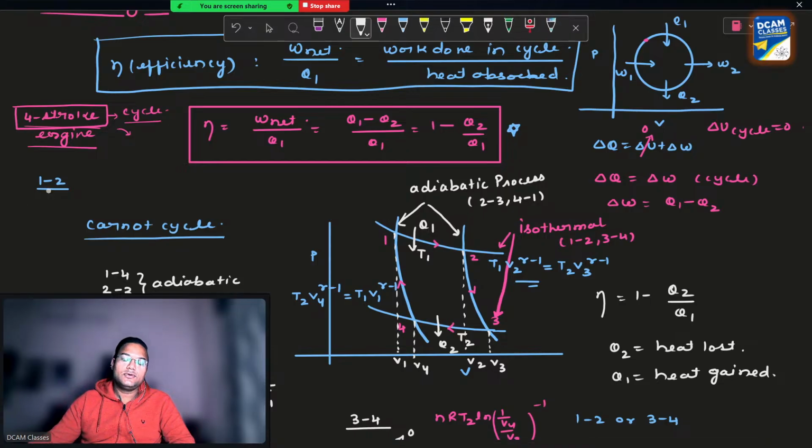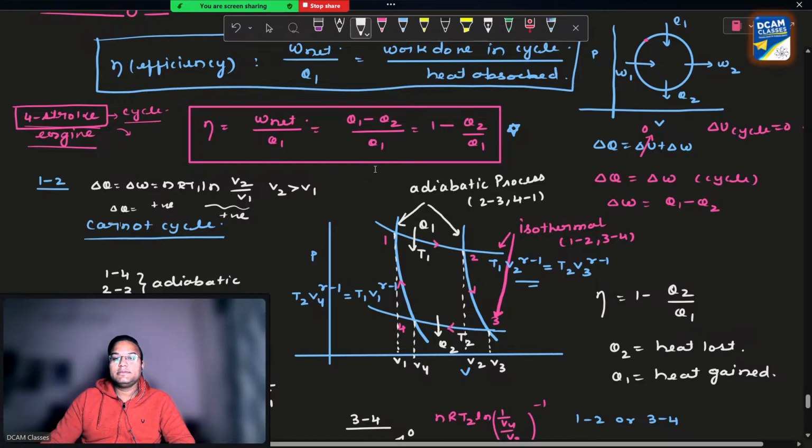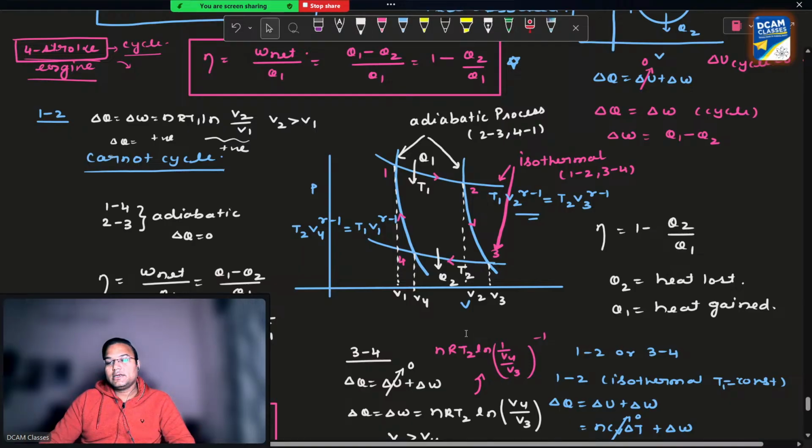If you do 1 to 2, dQ is equal to dW, which is equal to nRT1 ln V2 by V1. Since V2 is greater than V1, this part will be positive. So delta W is positive, so delta Q is positive. When delta Q is positive, that means heat is being absorbed. Correct?